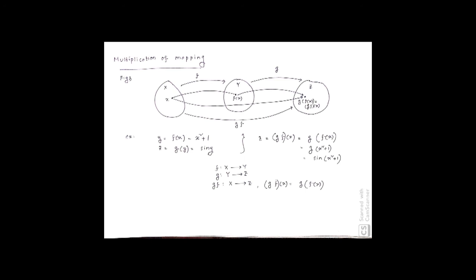Perhaps it will help to keep in mind that if we want to read the product gf, we have to read it from right to left. First we have to apply f, then we have to apply g.